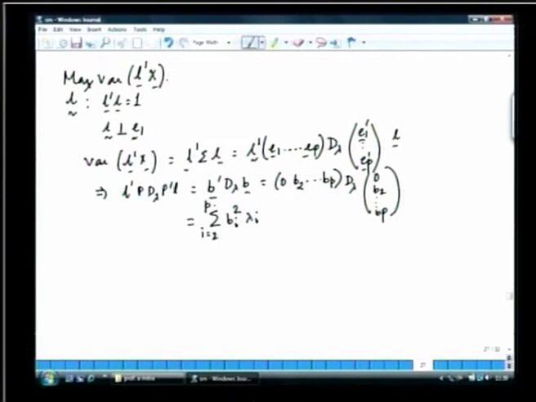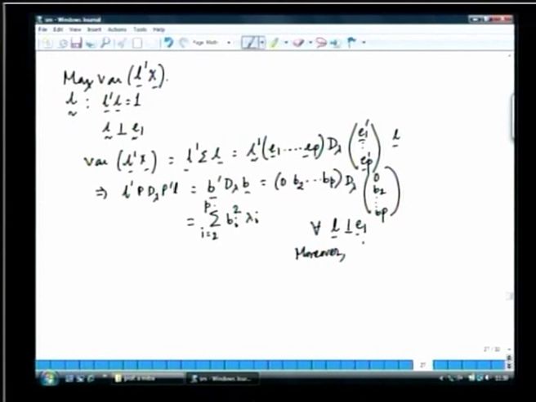So, this is obviously for all L which is orthogonal to E1, we have used this fact. Moreover, we have certain other things to be followed.